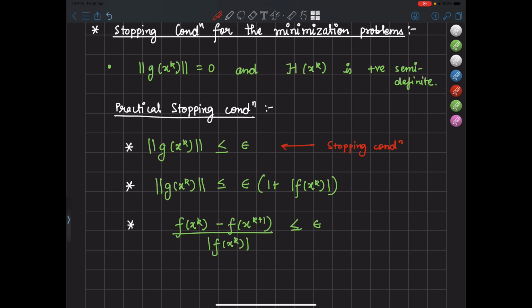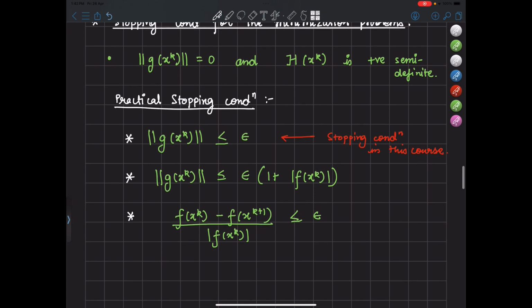You can use others as well. They have their own reasons for deciding which stopping condition to use, but for simplification, we'll use the first, and for most purposes it works really fine. So this was what stopping condition should be used in the minimization algorithm.